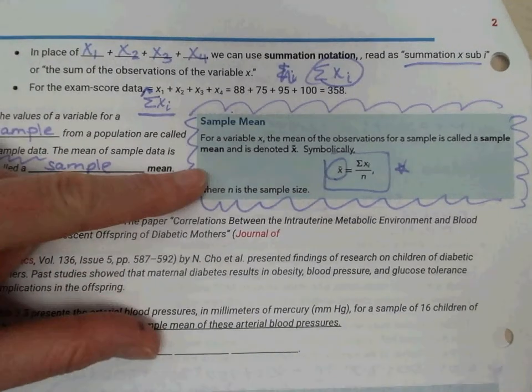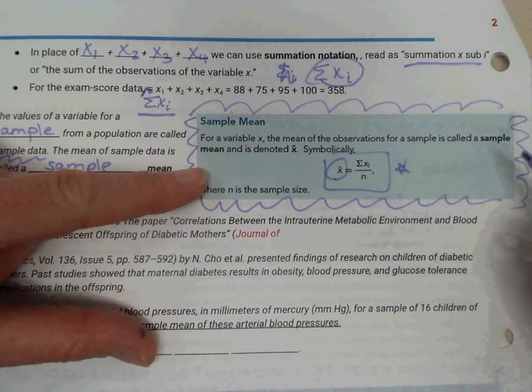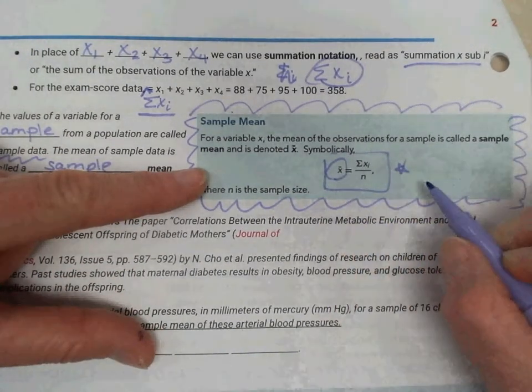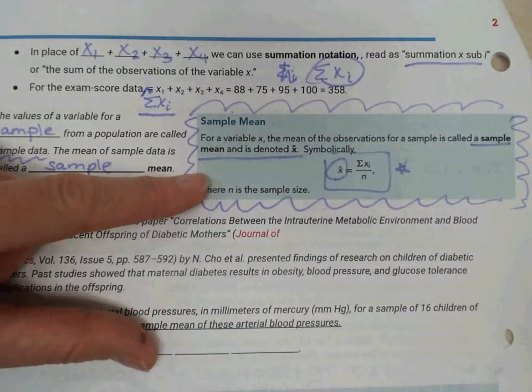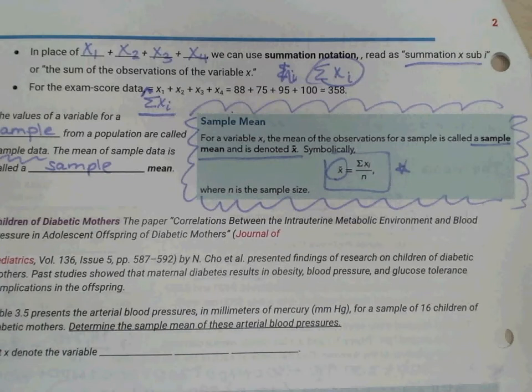The way to read it is x bar. We call that x bar, and it is the shorthand representation of the phrase sample mean. So as we do as mathematicians, we replace phrases with symbols. This is a new one, but like I said, you'll get used to it. It means sample mean.